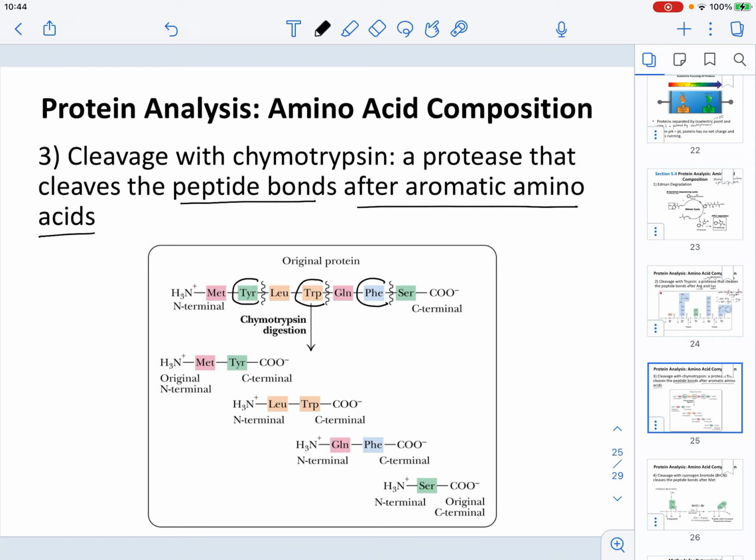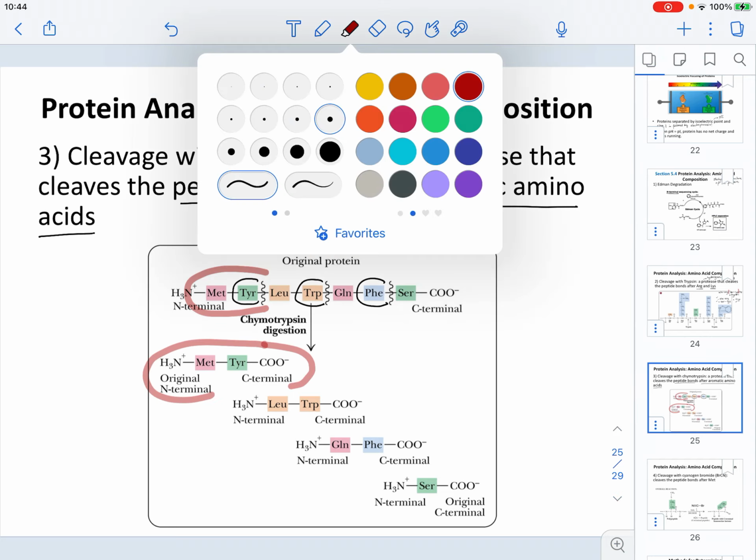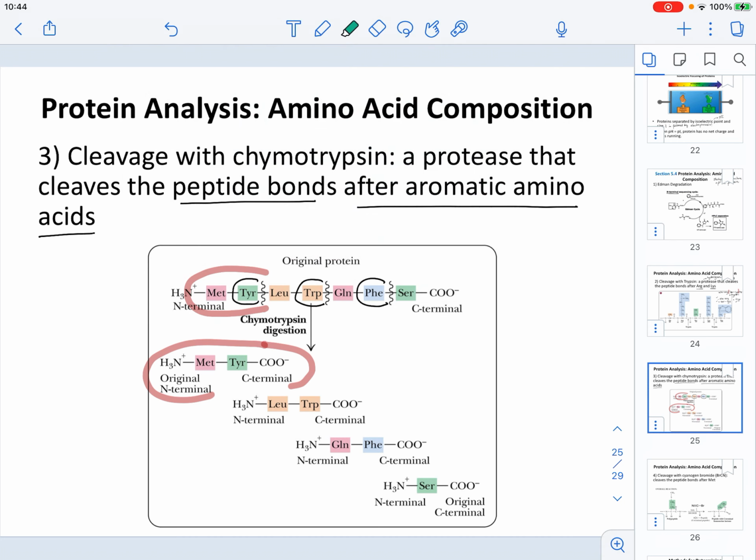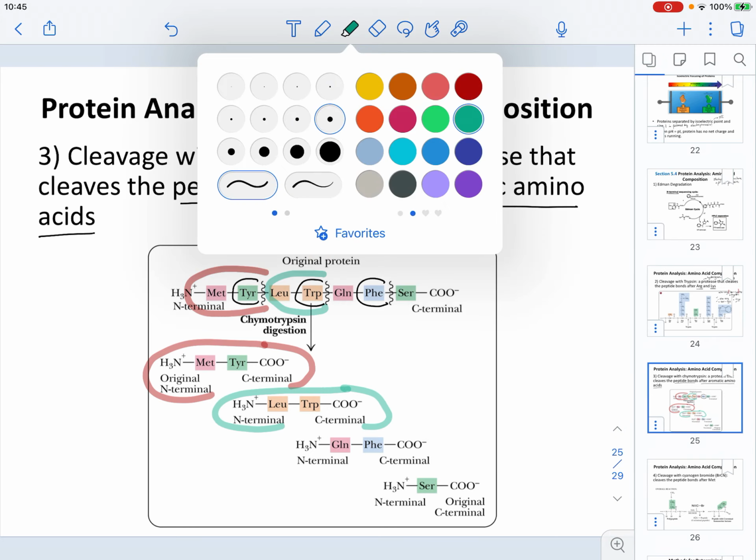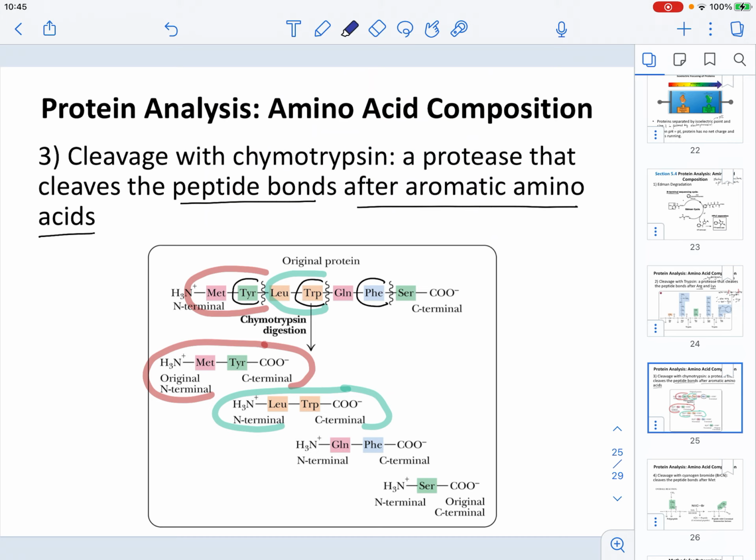So as you can see, if the original segment of the protein that we see is the one given in the figure, after chymotrypsin, we have this peptide, which is here. We have this peptide, which we can see here. We have this peptide here.